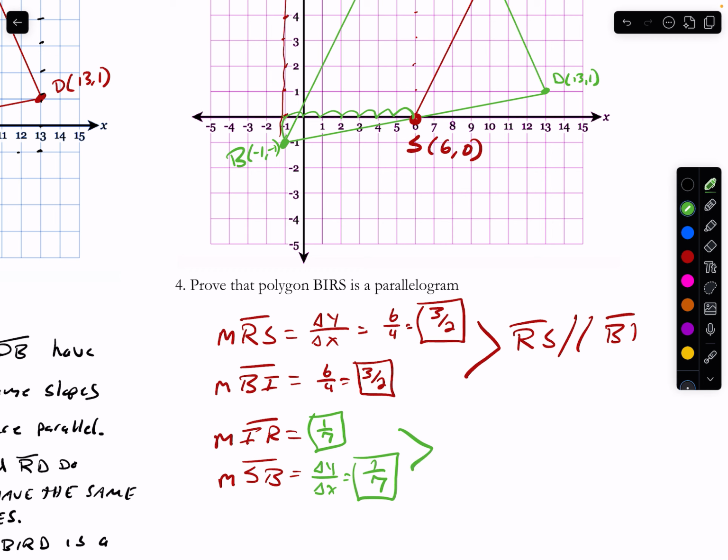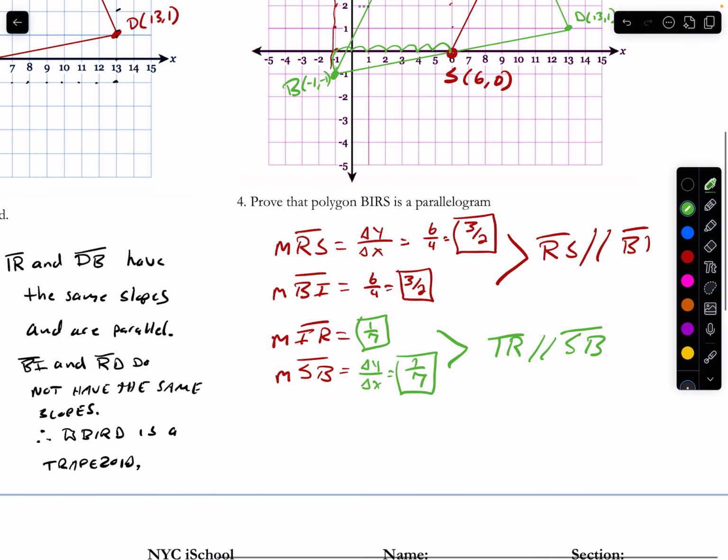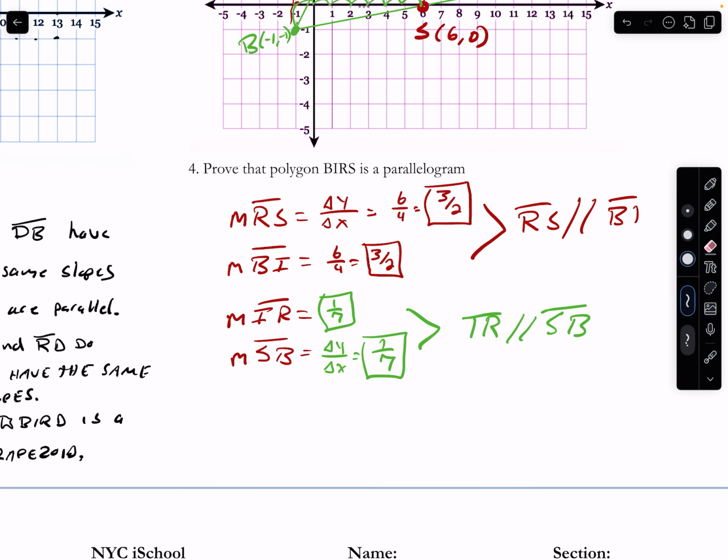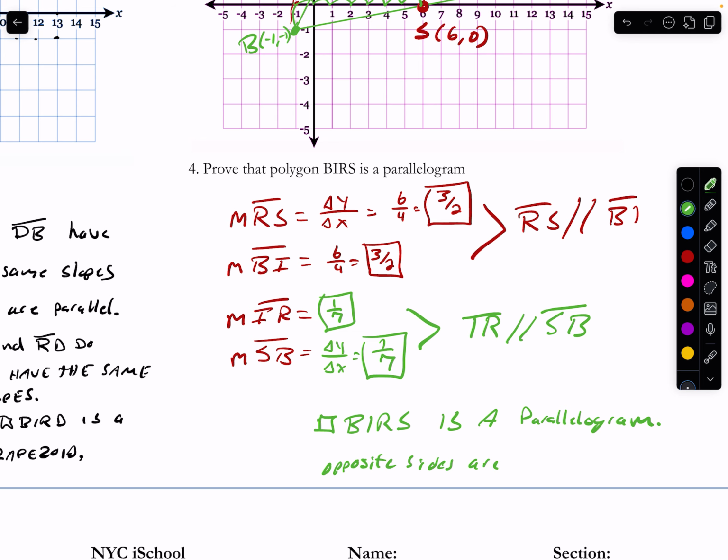Therefore, you can say that IR is parallel to SB. And if opposite sides are parallel, you can say that BIRS is a parallelogram. Why is it a parallelogram? Because opposite sides are parallel.